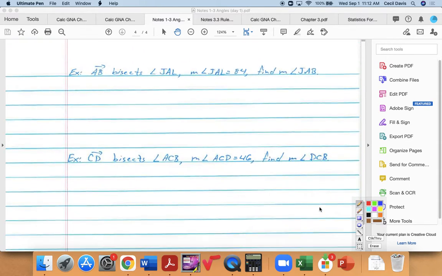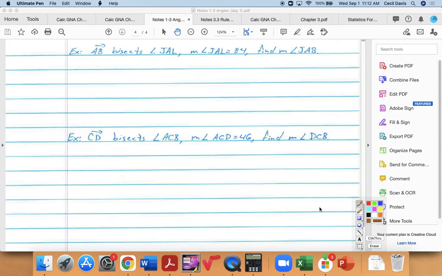Okay? So let's take a look at these last two problems. For this first example, it says ray AB bisects angle JAL. So I need a diagram for that. Again, I usually start with a big acute angle, unless I know for sure I've got an obtuse angle.